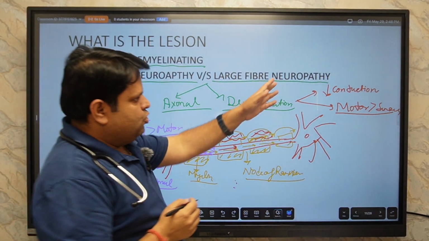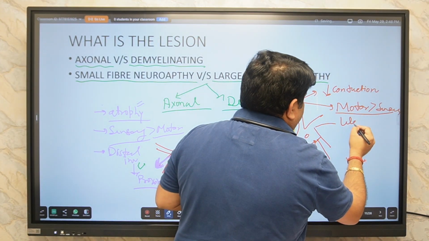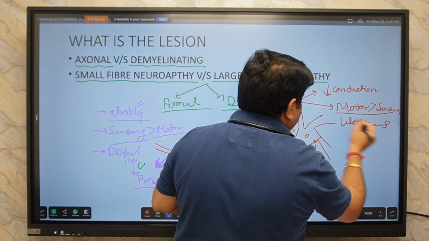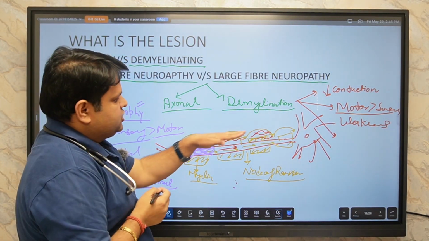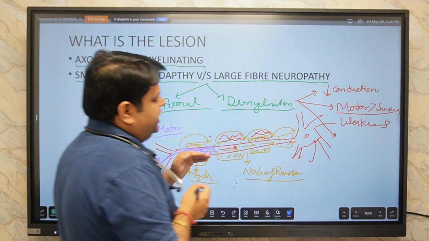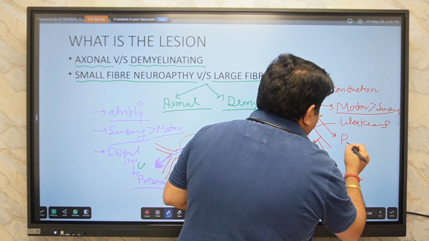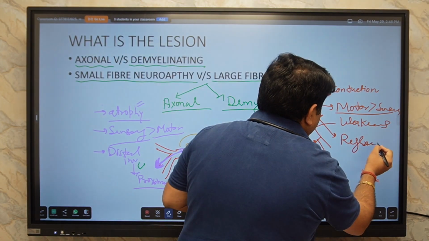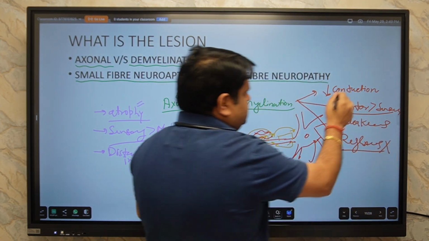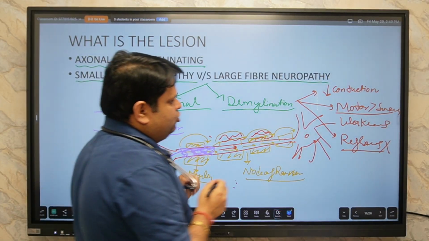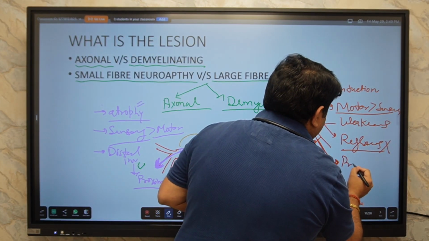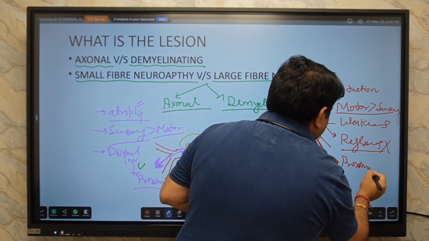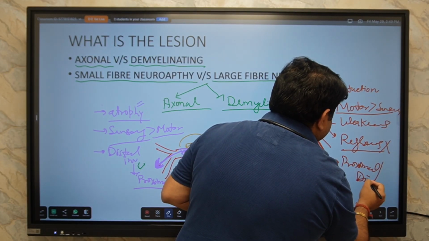So weakness is more in demyelinating neuropathy. Early weakness, and there is poor or slow conduction. So that will cause early loss of reflexes. Reflex loss is seen early in demyelinating neuropathy, and proximal and distal weakness are seen simultaneously.